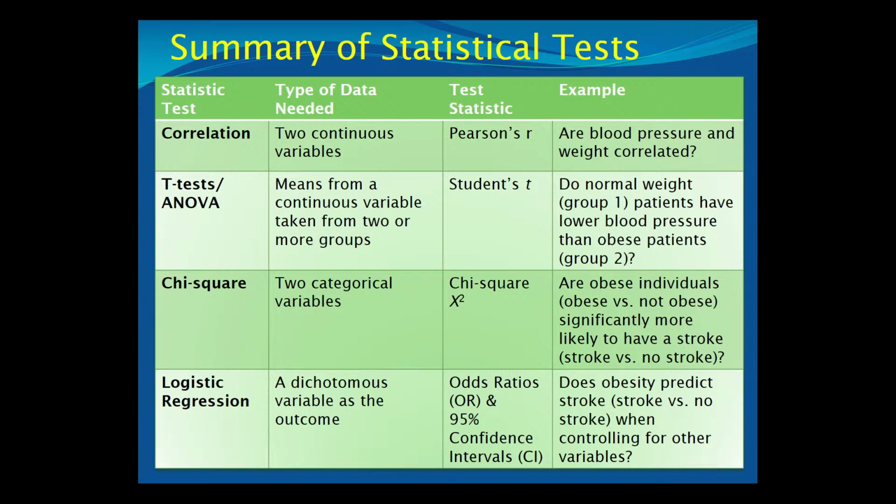To answer a question, for example, are obese individuals, obese versus not obese, significantly more likely to have a stroke? You should use chi-square test because you are interested in two categorical variables, and you should use logistic regression for dichotomous variable as the outcome and answer the next question: does obesity predict stroke?